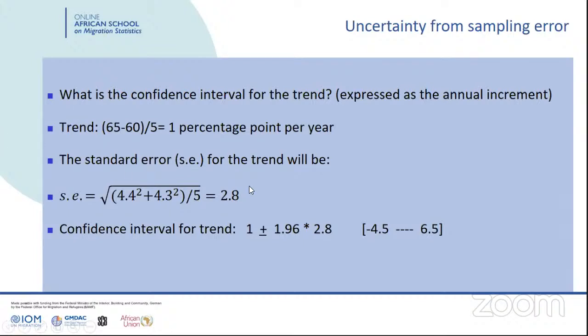The standard error for the trend, the annual increment in percentage points, is 2.8. So the confidence interval will be like this, 1 plus minus the margin of error. The confidence interval will be minus 4.5 to 6.5. That is the confidence interval for the annual increase.